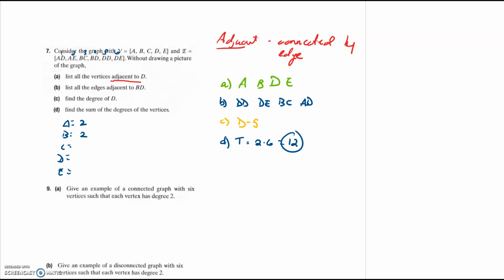The degree of C, notice it's only listed once. The degree of D, well, we figured that one out already, is a 5. And the degree of E is 2. And notice if we add these numbers, we get 12. 2 plus 2 plus 1 plus 5 plus 2 is 12.